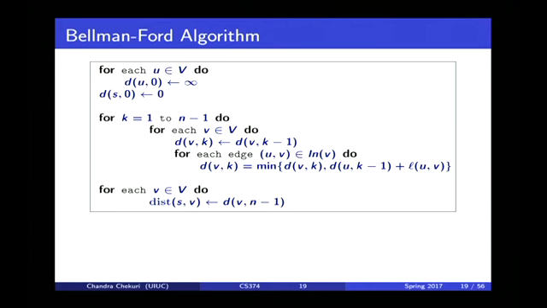At the end of the algorithm, dv n minus 1 gives the shortest path with at most n minus 1 edges, and that will be the right shortest path distance if there is no negative length cycle. There can be cycles, that's fine. If every cycle is positive, then I actually don't need to use cycles. Paths are sufficient; shortest walks would be the same as shortest paths.